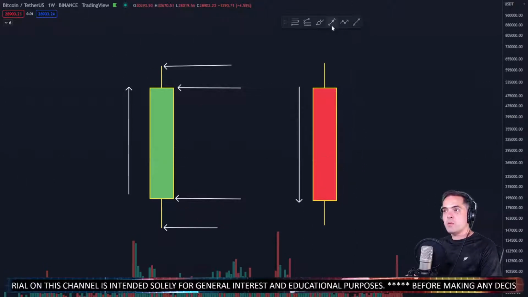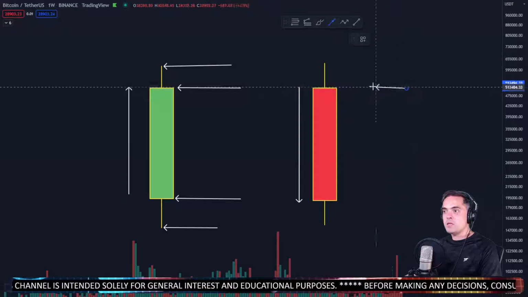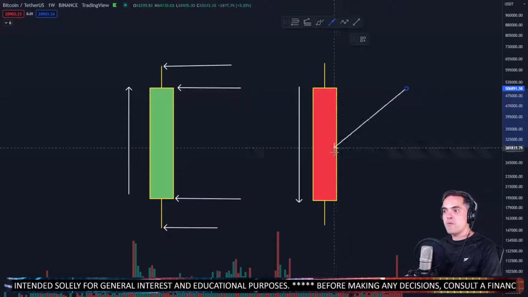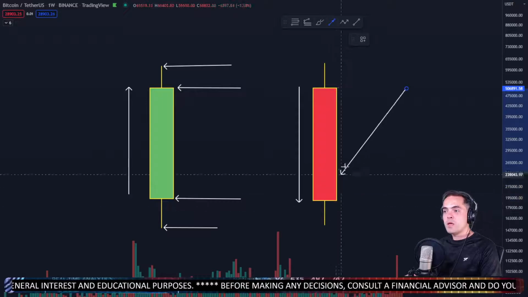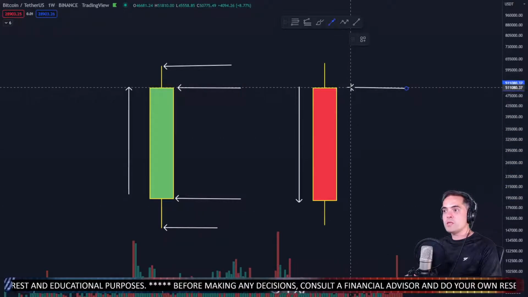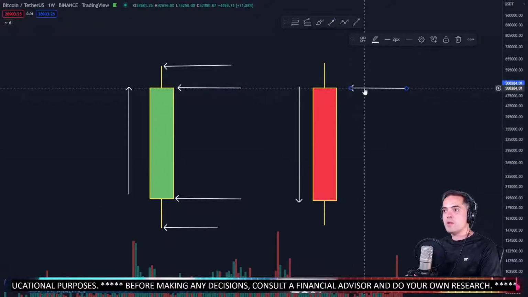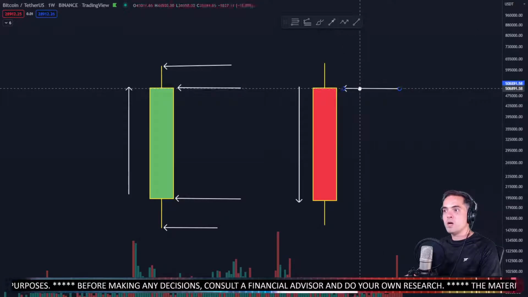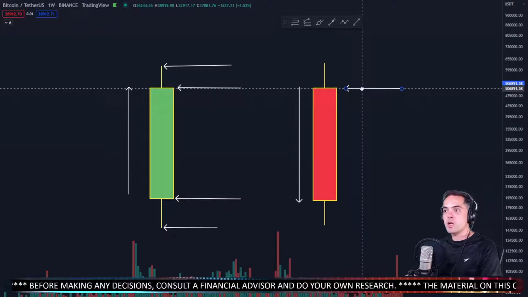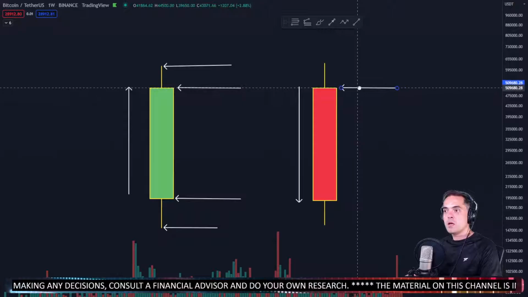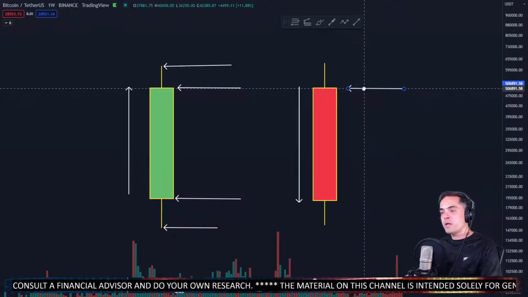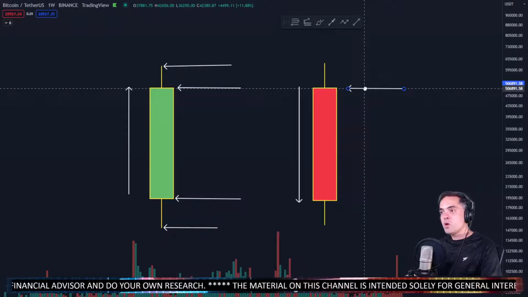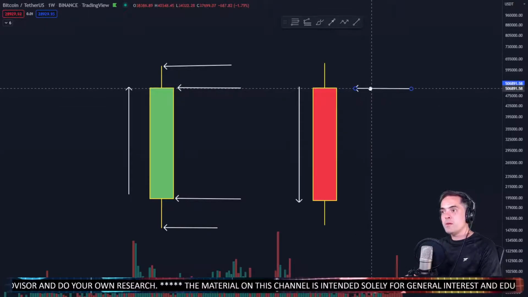And again, we have the same idea where we're gonna have a full body with wicks, upper and lower. But now the difference is instead of having the close at the upper part of the rectangle of the body, we're gonna have the opening.